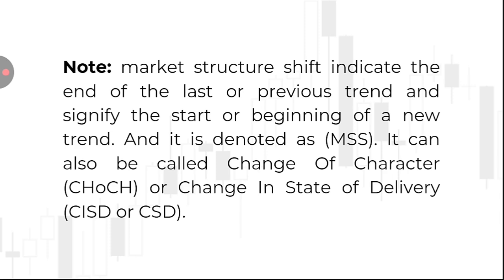What this is simply telling you is market structure shifts indicate the end of a trend and the start of a new one. A bullish market structure shift indicates the end of a previous bearish trend to start a new bullish trend, while a bearish market structure shift indicates the end of the previous bullish trend to start a new bearish trend.